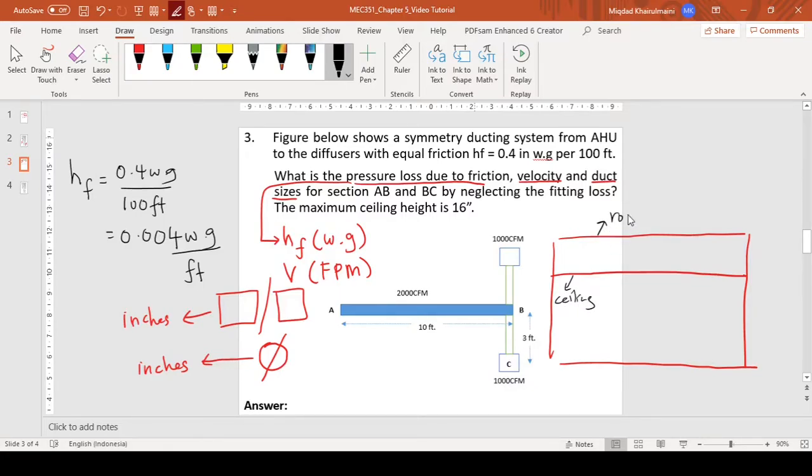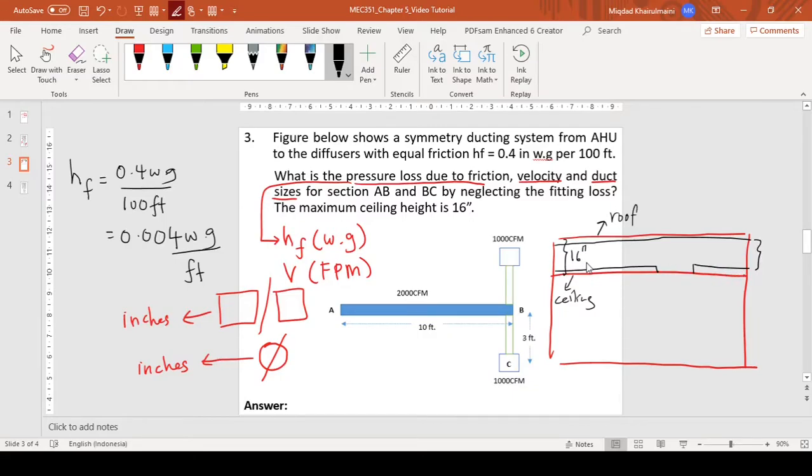In between the roof and ceiling there is a space for us to install our ducting system. So the maximum height between the roof and the ceiling is 16 inches. In other words, when we install our ducting system, the size cannot be more than 16 inches.